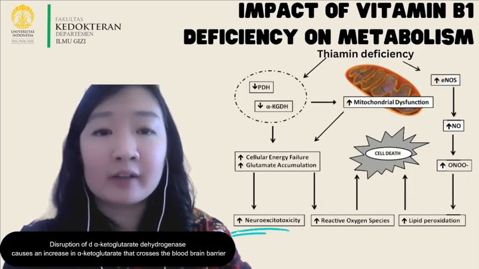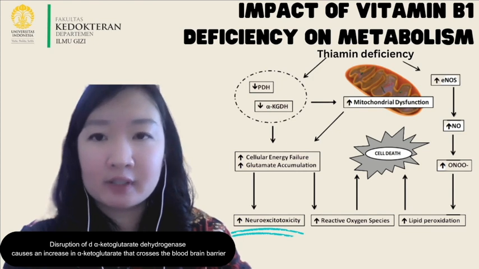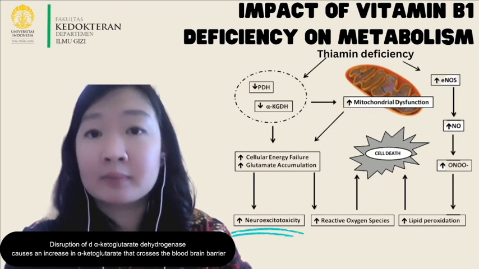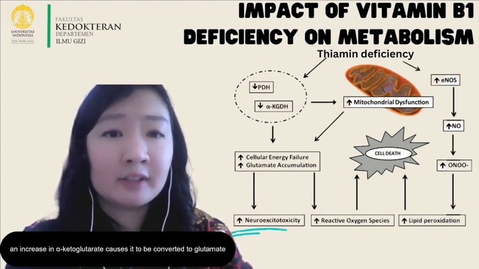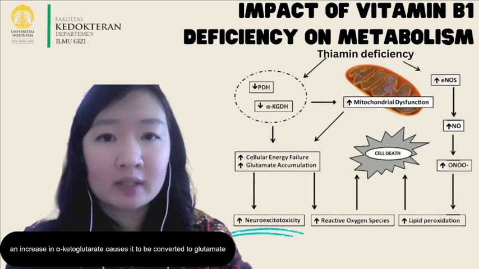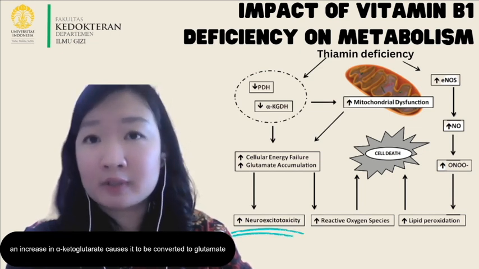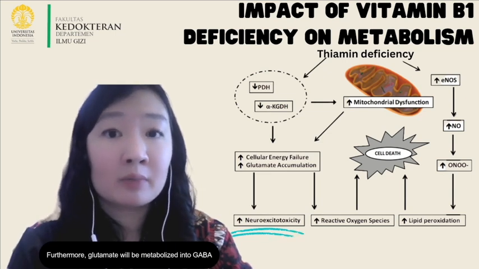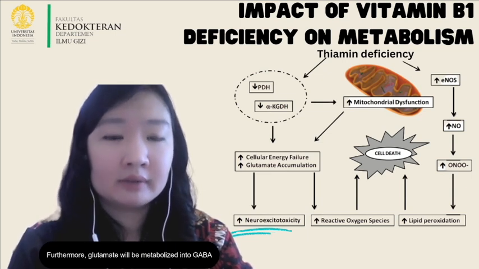Disruptions of alpha-ketoglutarate dehydrogenase causes an increase in alpha-ketoglutarate that crosses the blood-brain barrier. An increase in alpha-ketoglutarate causes it to be converted to glutamate. Furthermore, glutamate will be metabolized in GABA.